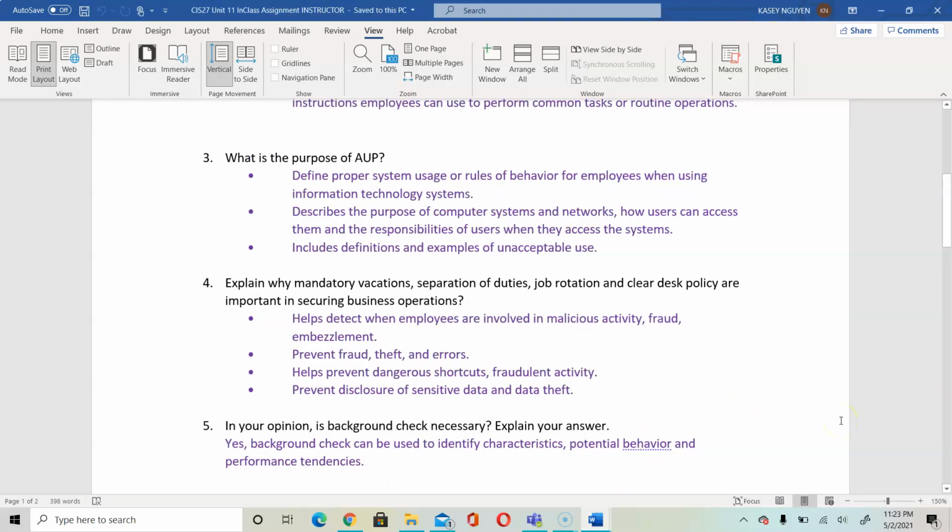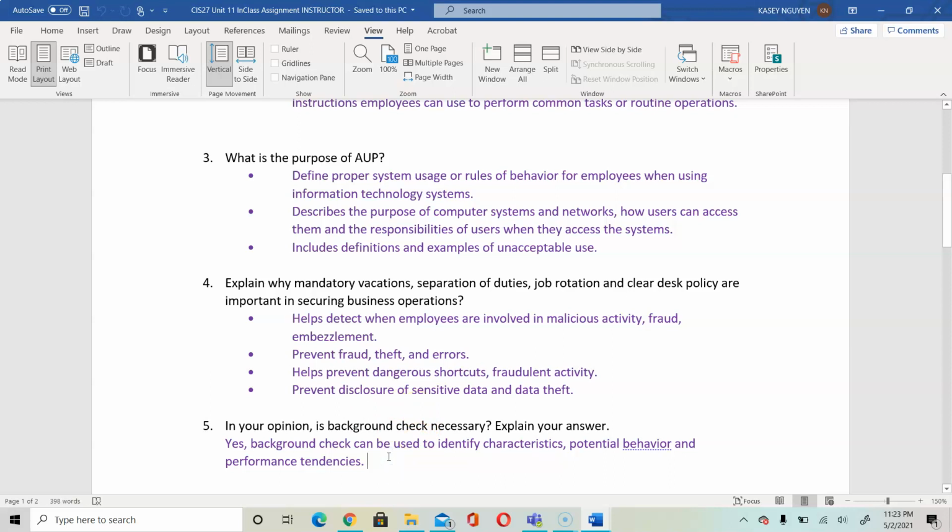So for question 5, it asks you, in your opinion, is background check necessary? Explain your answer. And in this, I personally agree that background check can be used to identify characteristics, potential behavior, performance tendencies and habits. It tells a lot about the individual, and historically, I've been a manager for a long time.